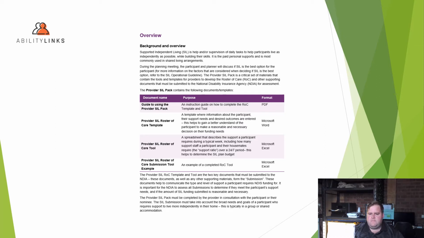The next step is for us to define what level of support is reasonable and necessary. And that comes in the form of the SIL roster of care, or ROCk as it's otherwise known, and the SIL roster of care template. So it's this one and this one.